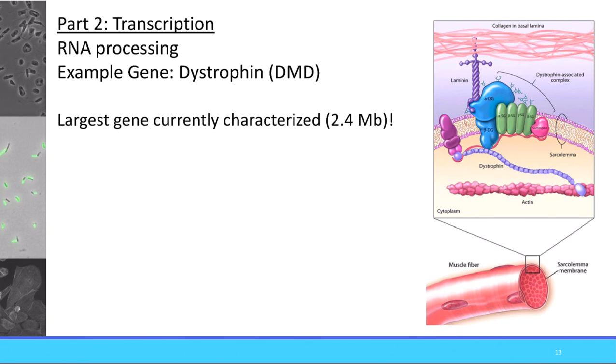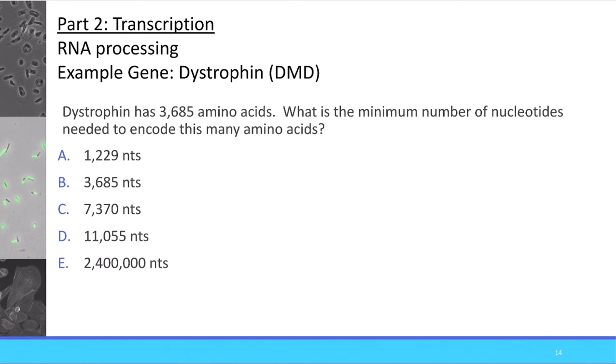And the dystrophin gene is one that is found to be mutated in the many forms that we have of muscular dystrophy. All right, so let's do a practice problem here with this dystrophin gene. We just said that the DMD, or the dystrophin gene, has 2.4 million base pairs.